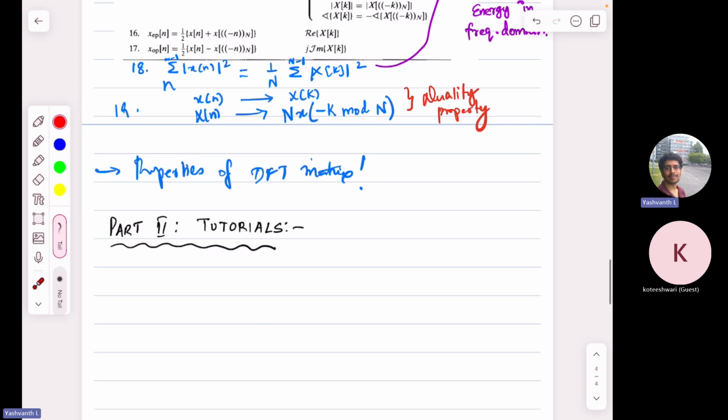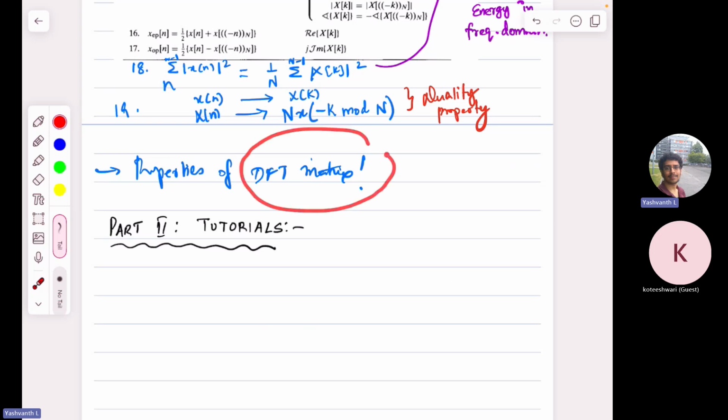Okay, and then the professor had also discussed something called the DFT matrix, which gives a matrix-vector relation that can convert a time domain signal vector directly into a frequency domain signal vector.